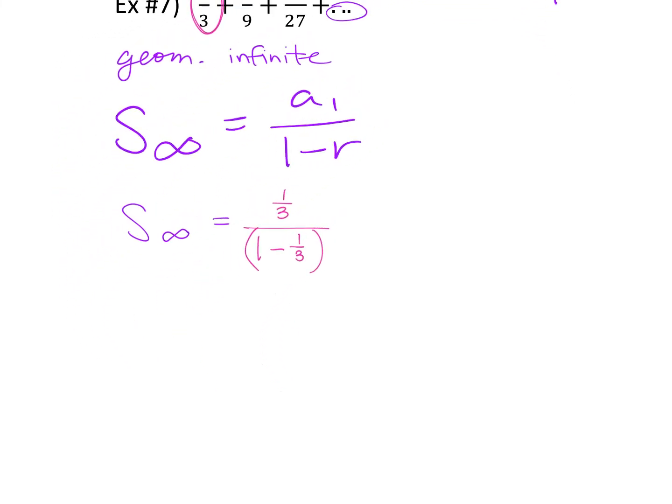What did you get? You get 1/2. Or you may write that as 0.5. So you plug it into your calculator, you get 1/2, 0.5. Notice you came up with a number, right? It converges. You got a sum from the sum to infinity. That's a converge.